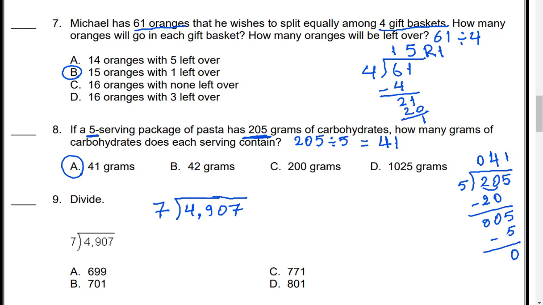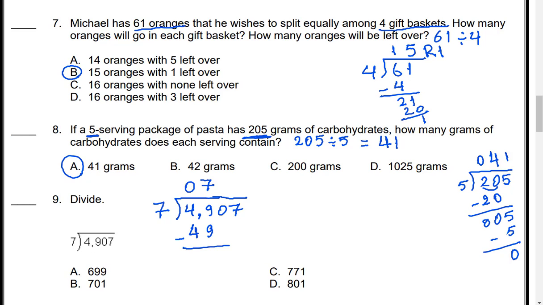4 divided by 7 cannot be done because 4 is less than 7. So we put 0 and we move to the next digit. So it will be 49. 49 divided by 7 is 7, and 7 multiplied by 7 is 49.